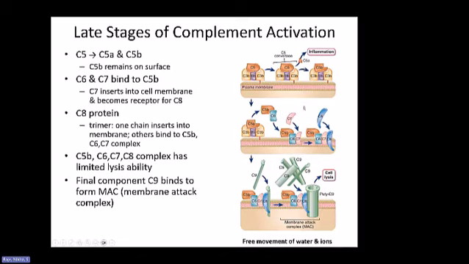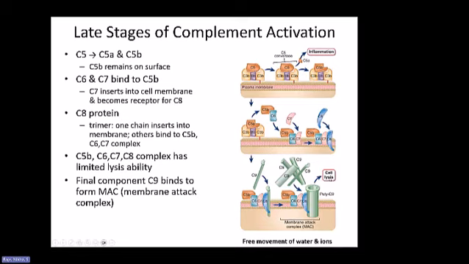As a lot of that C5 accumulates, the C5b continues to stay on the microbial surface. C6 and C7 then come and attach to that C5b and become a receptor for C8. C8 is a trimer, and one chain inserts into the membrane, the other binds to C5b and the C6 and C7 complex.